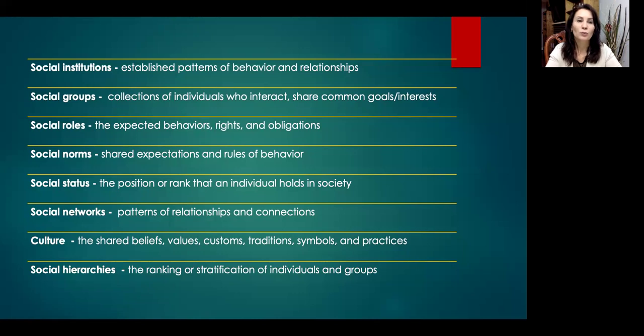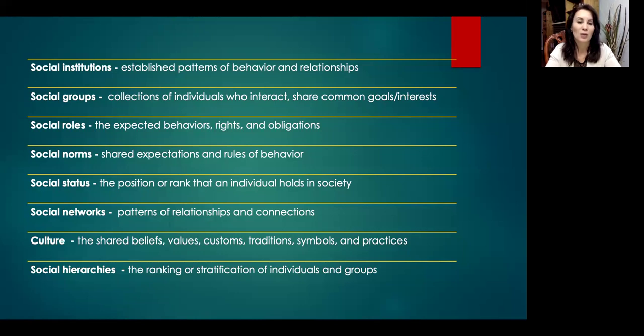There are social groups, collections of individuals who interact and share common goals and interests. For example, the group of students taking sociology have a common interest in sociology, or they want to get the credit and move on with their degree. That brings them together to take this sociology course. Then social roles: everybody in society has different kinds of roles based on the context.